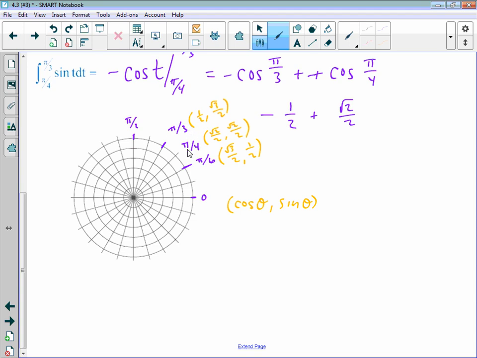The other way you can think of it is you have a triangle from here to wherever on there. And if you think about that triangle, the length here and the length here represent this x and y coordinate, right? They both have the same denominator. Which numerator is bigger, 1 or square root of 3? Square root of 3, right? So do you see how the height is bigger here?